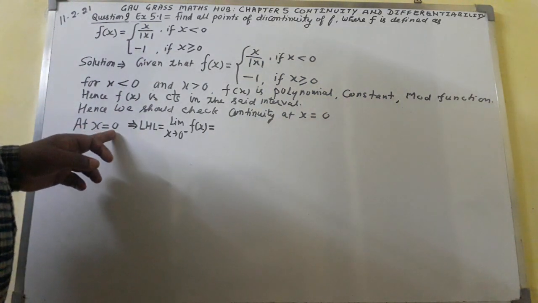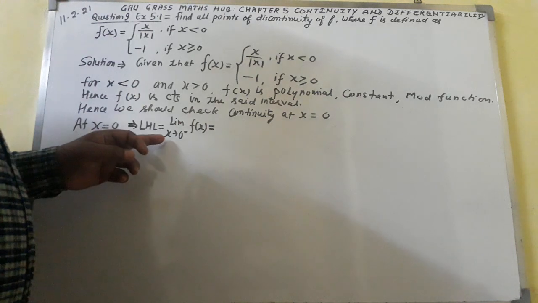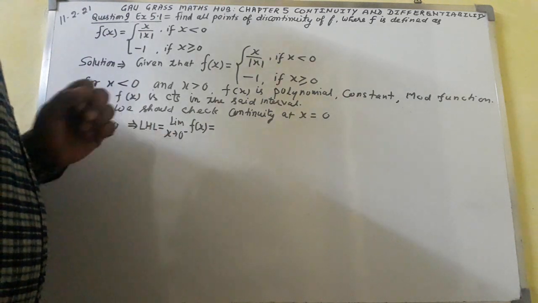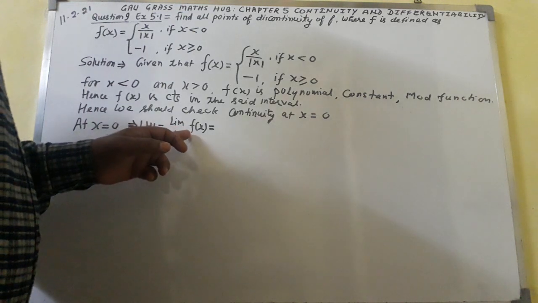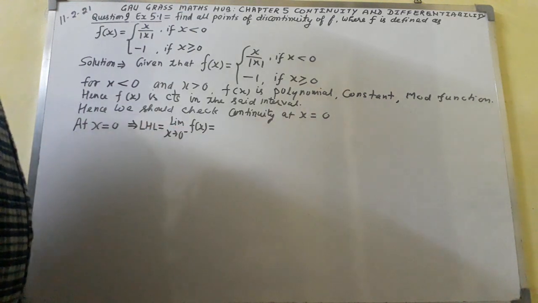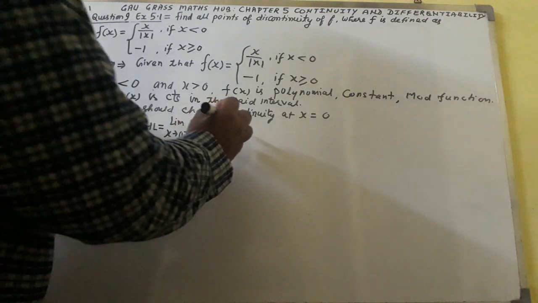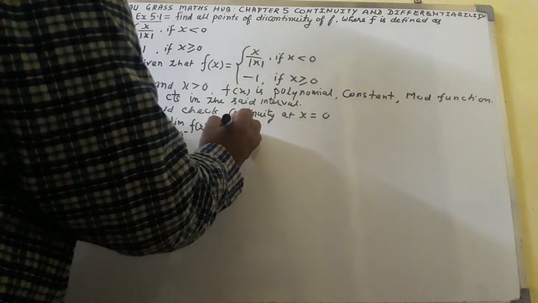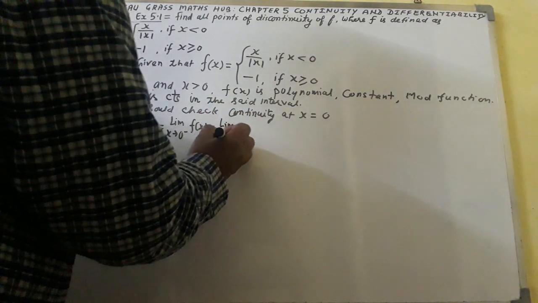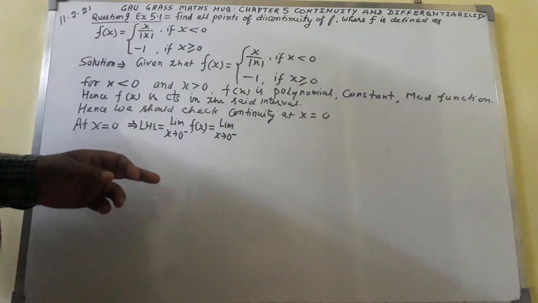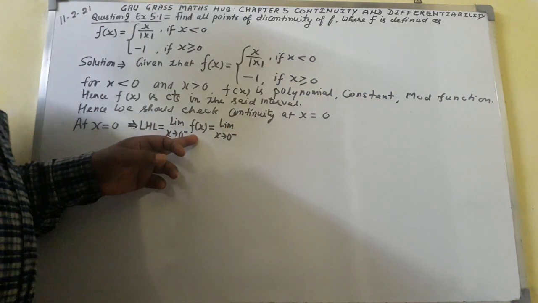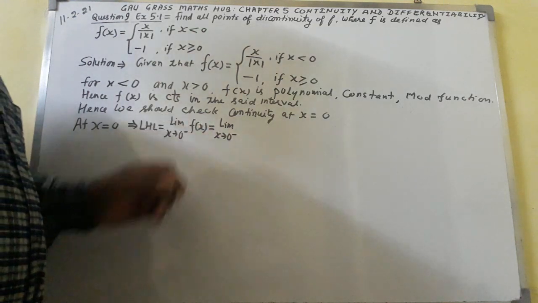Left is written, that's why here I should write minus. In place of f of x, what should I write?